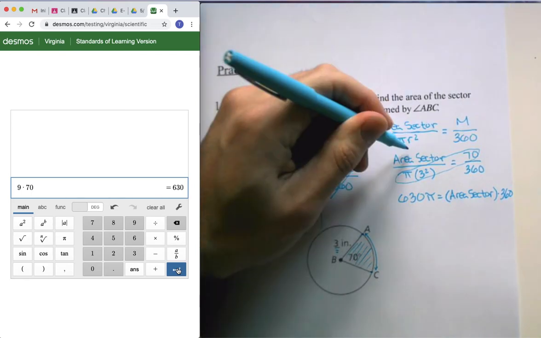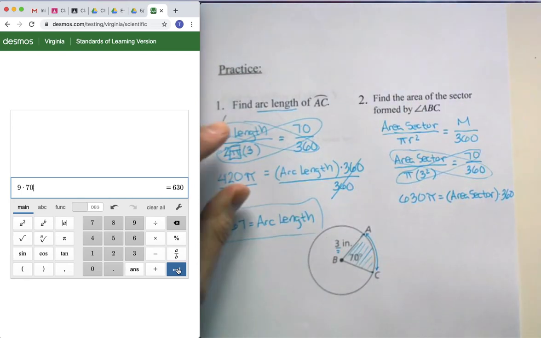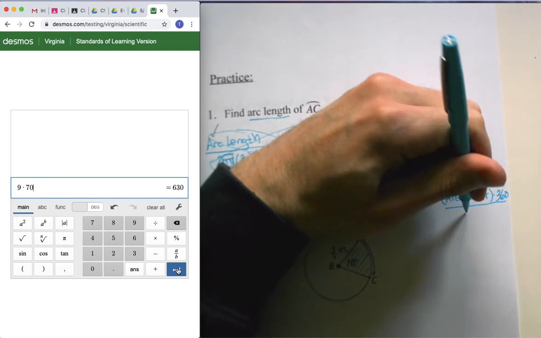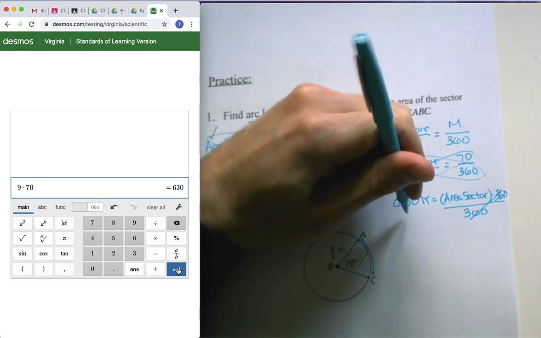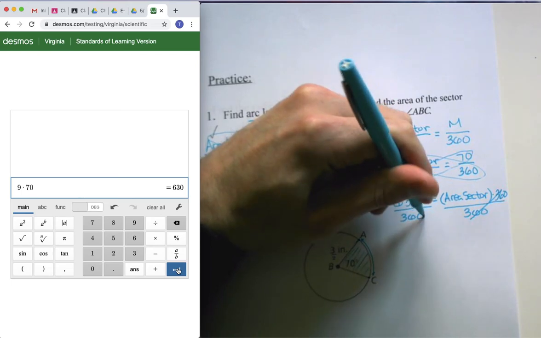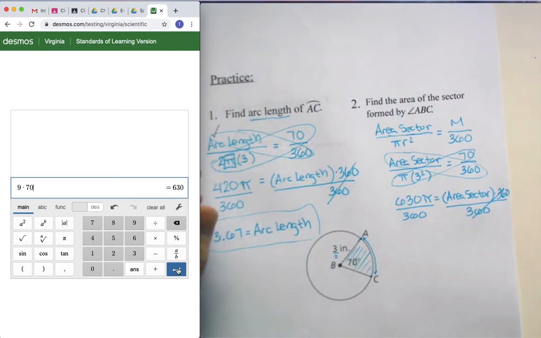Okay, because remember, we're cross multiplying this way, area of the sector times 360. So if I divide out the 360, that should give me my area of a sector.